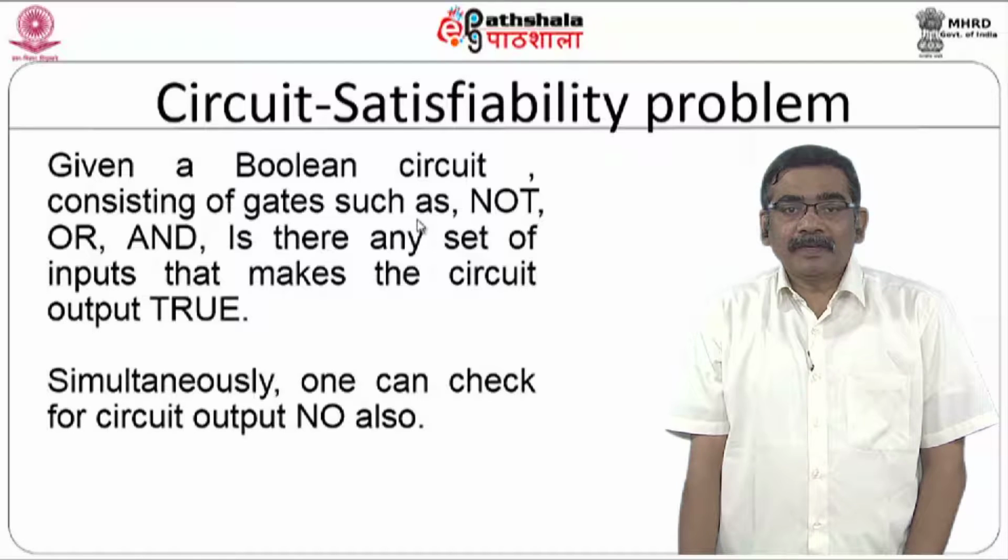Suppose there are only 3 variables involved, the solution is quite easy, because all we have to do is generate 2 power 3 inputs and we can formally verify the output. If the number of variables becomes 4, then the total number of inputs becomes 16.